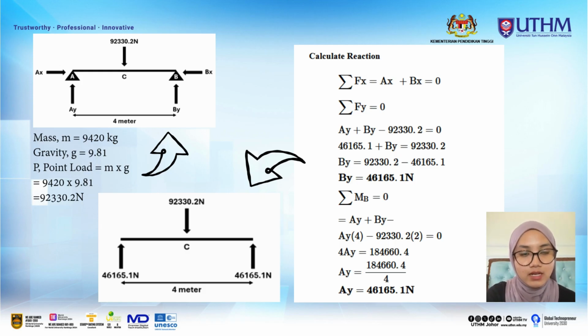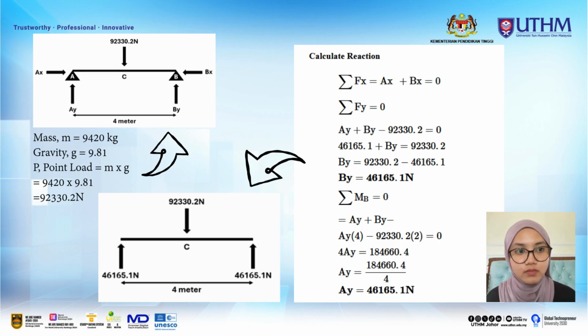This gives us AY times 4 meters equals 92330.2 Newton times 2 meters, to get AY equals 46165.1 Newton.